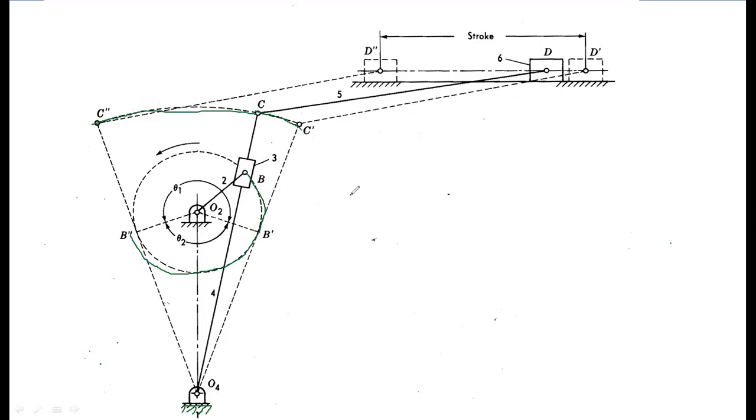So let us understand this way, that suppose when the crank rotated, when the crank took the position from B to B dash, the slotted lever moved from C to C dash, and the ram moved from D to D dash.